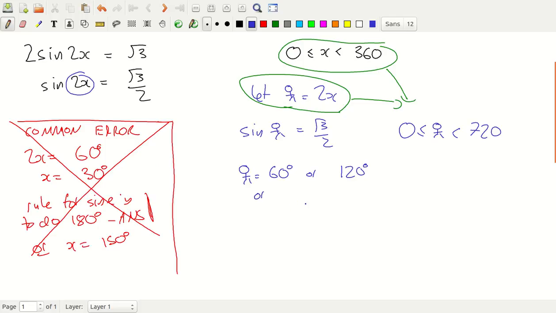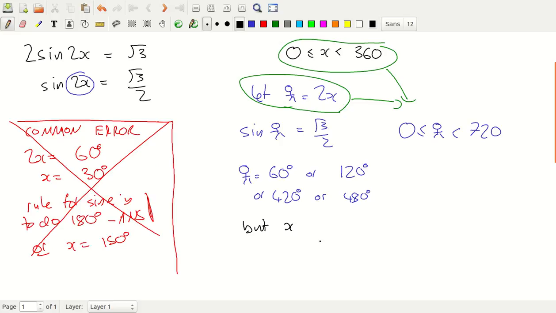So I have more solutions than I thought I did. Or 420 degrees, adding 360 to 60, or, what is that? I guess that's 480 degrees. And now if I add 360 to any of these, I'll jump outside the range, I'll go above 720. So I've got 4 solutions for stickman.